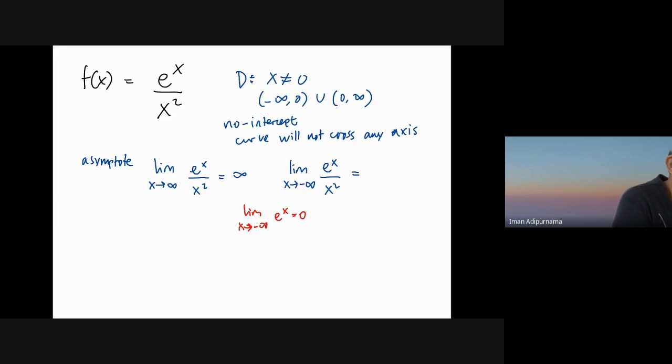This will be 0. So y equals 0 is our horizontal asymptote. And probably x equals 0 is our vertical. Let's check the results here. And of course, it's getting infinite. So x equals 0 is our vertical asymptote.